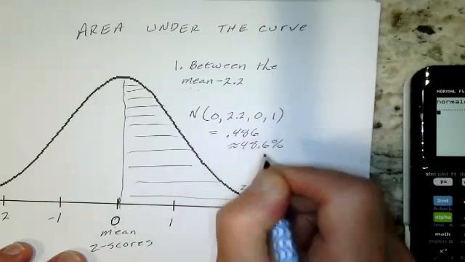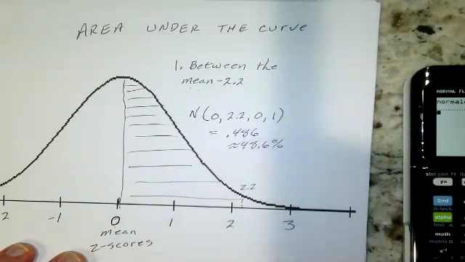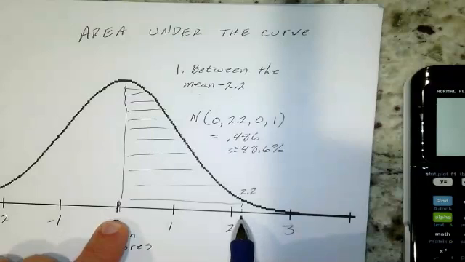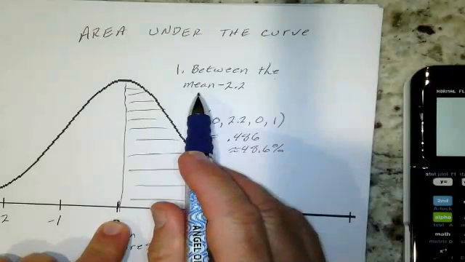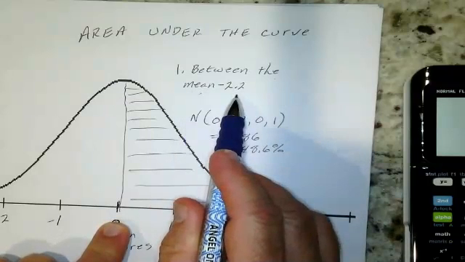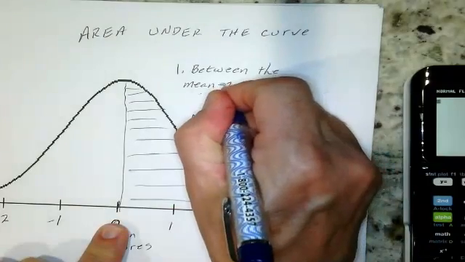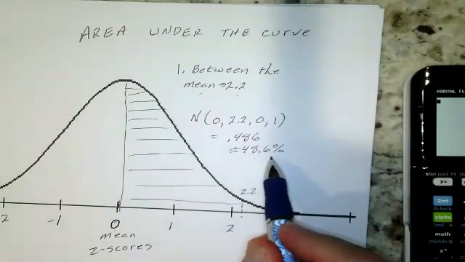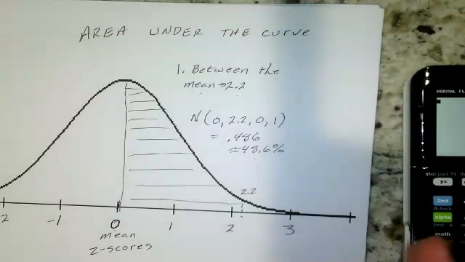Those are approximate. So we found this was our left, this was our right. We found the distance from the mean to 2.2, and that area under the curve is about 48.6%. Still less than 50, but about 48.6%.